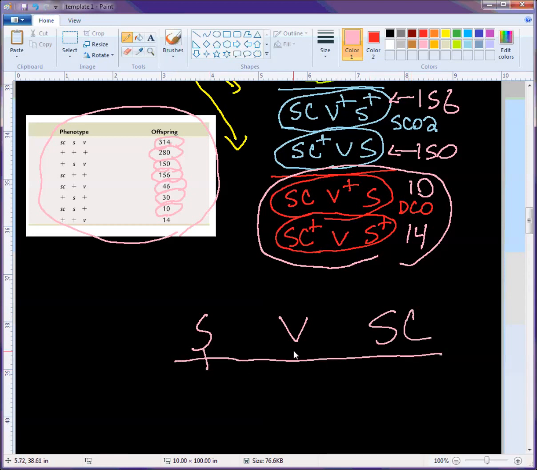The only thing that matters from a three-point cross is what gene is in the middle. And we determined V is in the middle. So excellent work. Now we need to actually figure out the distances between S and V and SC.